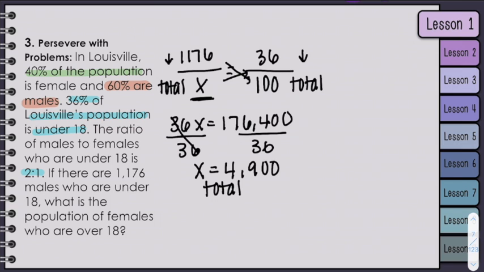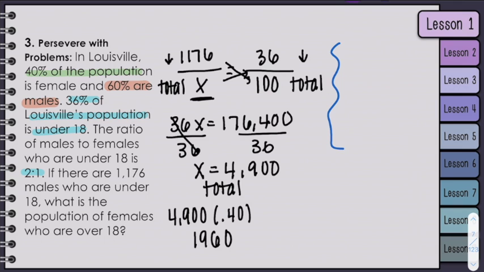Okay. If you think about this, you have your 4,900 total population. You know 40% of that is going to be female, so you're going to say 1,960 females total in Louisville.